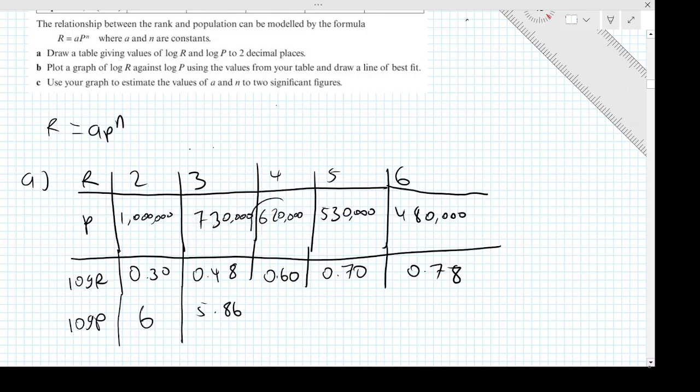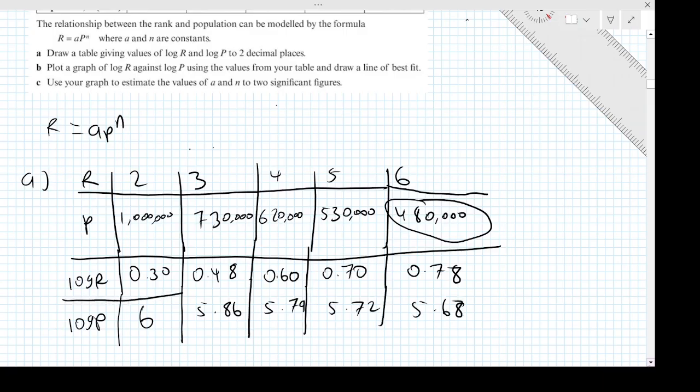Then 620,000 gives 5.79. Then 530,000 gives 5.72. And log of 480,000 gives 5.68. Okay, so that's my table of values.